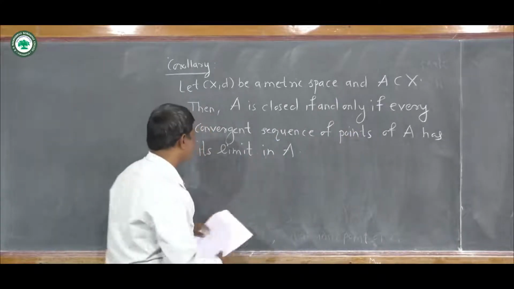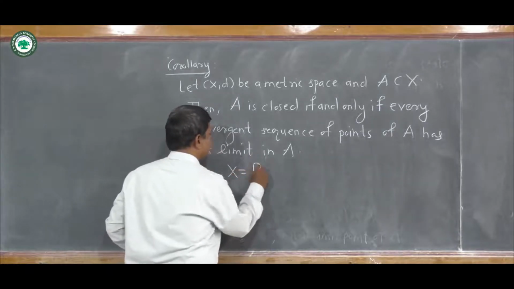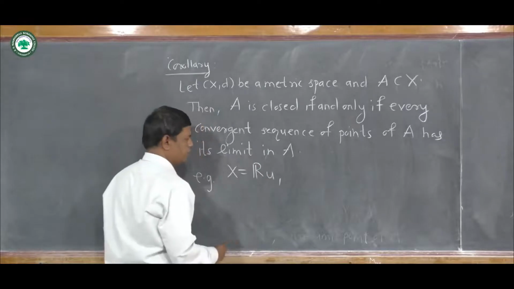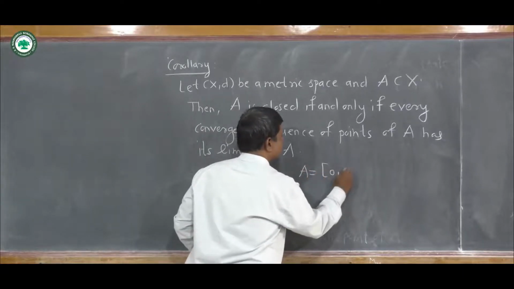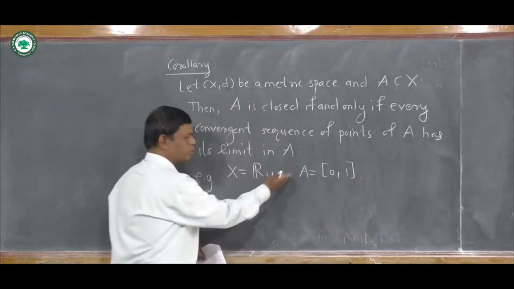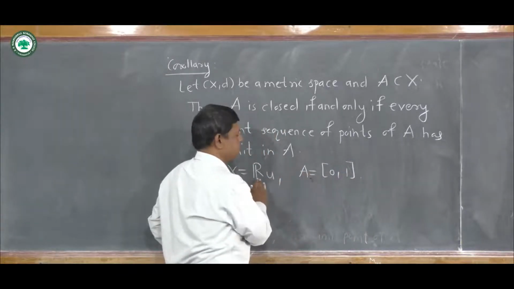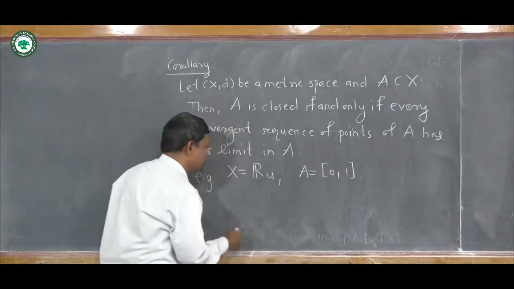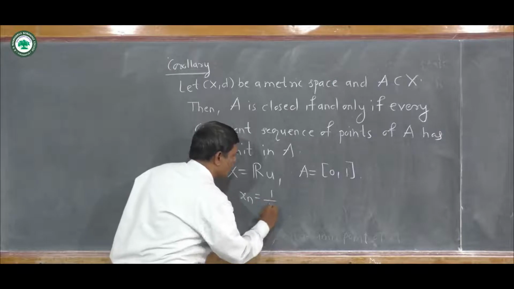So for example, if you take X equal to R with the usual metric, we know that closed intervals are closed sets. Now if we take the sequence xn equal to 1 upon n.